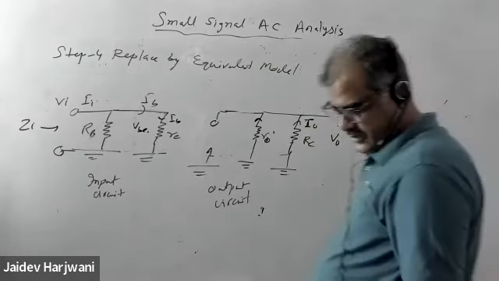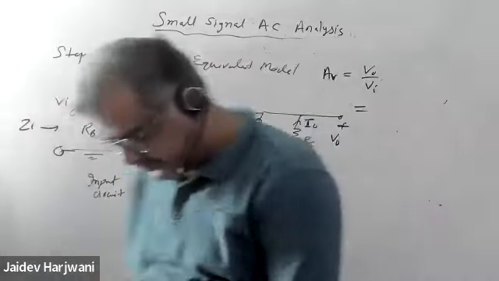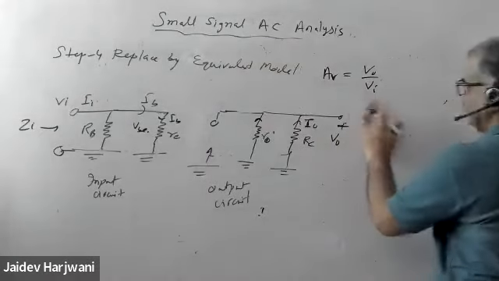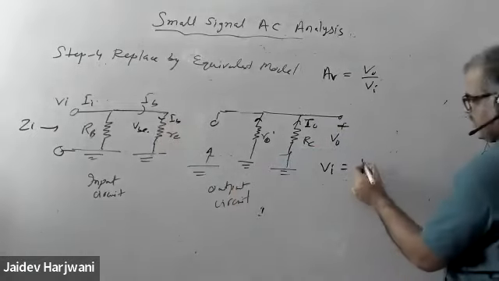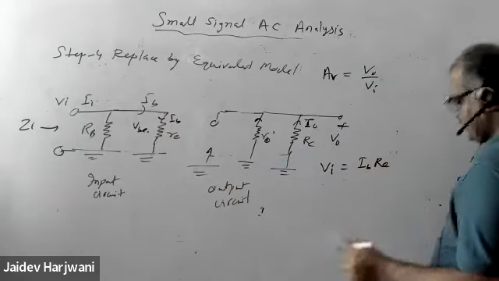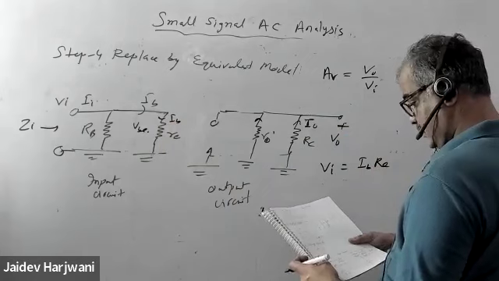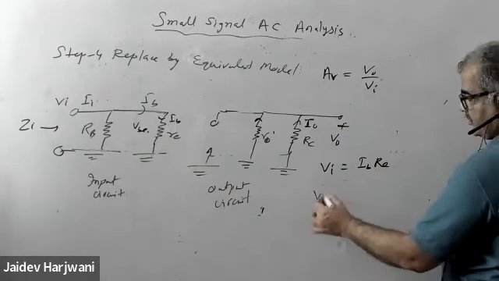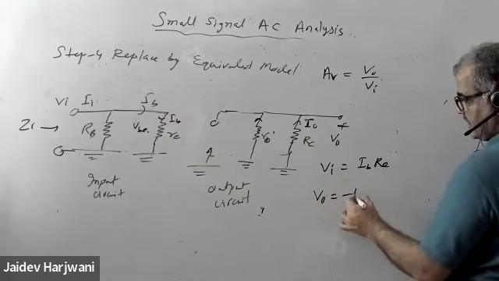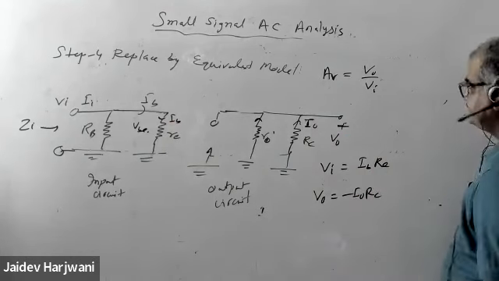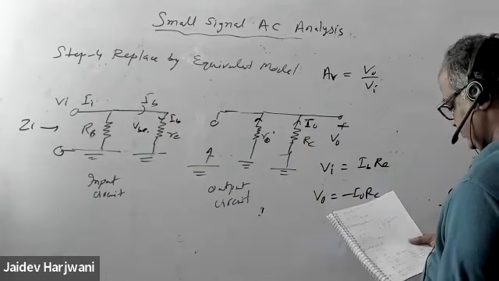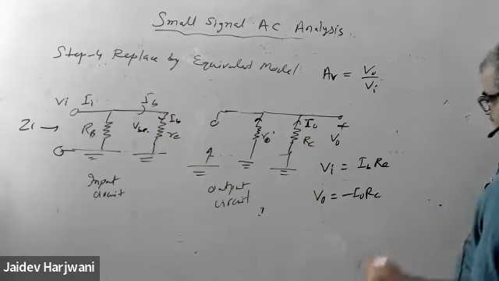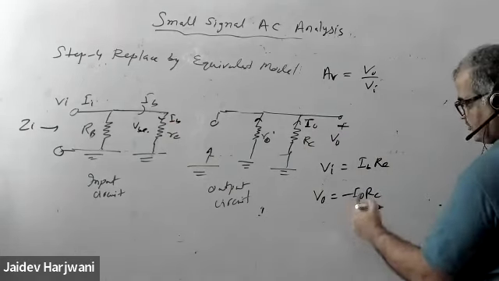V input we have already seen, this is IB RE. And V output, just now I told you, is minus I naught RC. So put the values, and bring I naught in terms of IB.